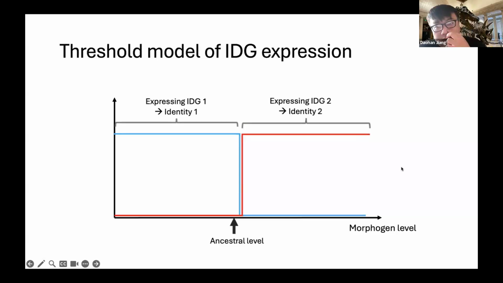For the identity gene expression, we consider this threshold model. There's a cutoff of the morphogen level, below which one identity is expressed, beyond which the other identity is expressed, and the ancestral level is set here.